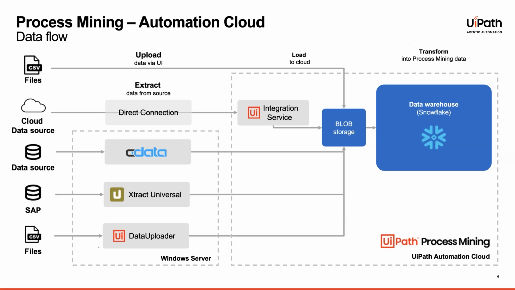And then you can see here our other data extraction methods, which involve downloading and installing libraries and components on your own Windows server. So the top two options are the recommended options, uploading it via the UI or directly extracting via the direct connection there.